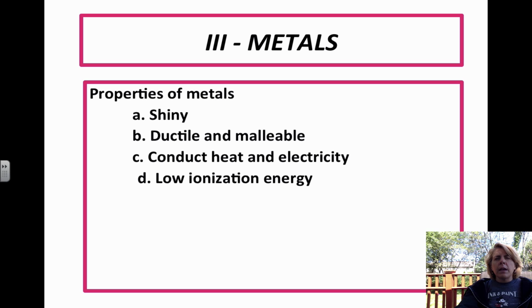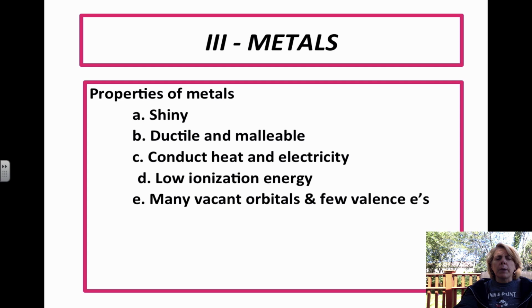These elements from the previous unit that we talked about, ionization energy. So the fact that you can remove electrons from metals readily is another property of metals. There are very few outer electrons in most metals, and that's the reason why they're very good at conducting heat and electricity.